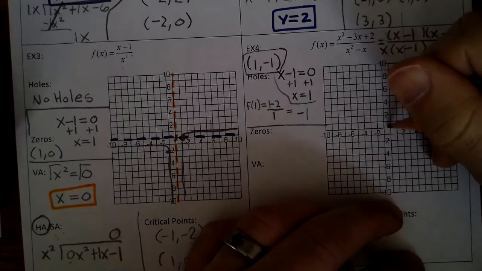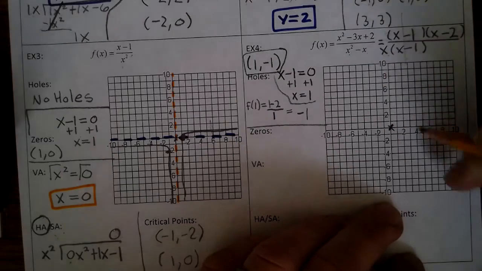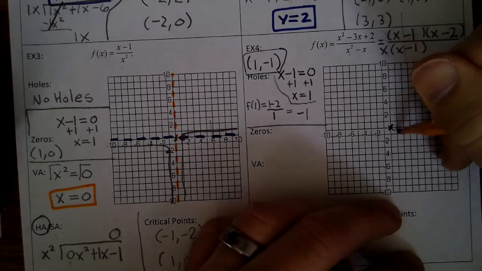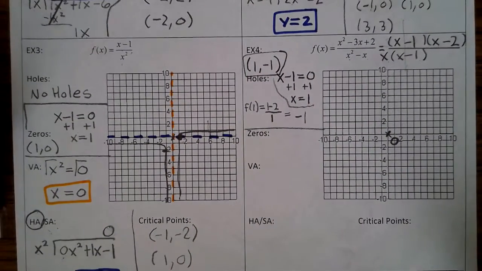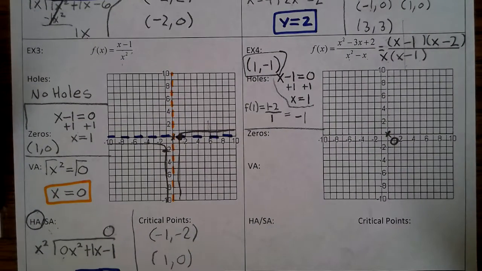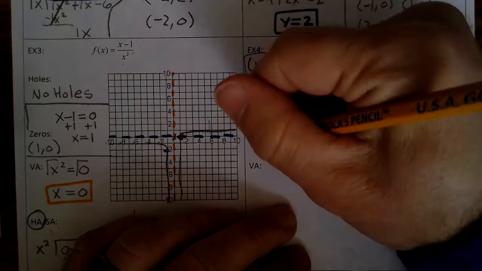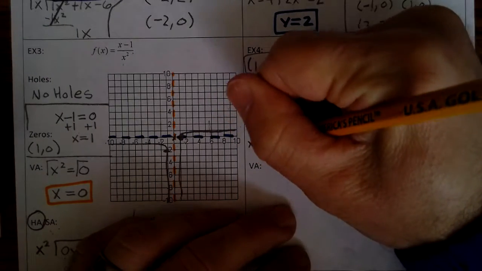Now, for the vertical asymptote, we set the denominator equal to 0, so we have x equals 0. Well, that's done. Oh, wait a second. Almost forgot. I always want to write the vertical asymptote in the 0 section. Vertical asymptote x equals 0.